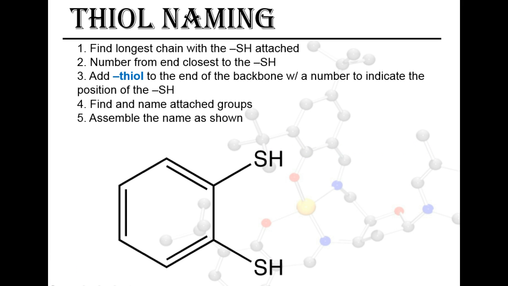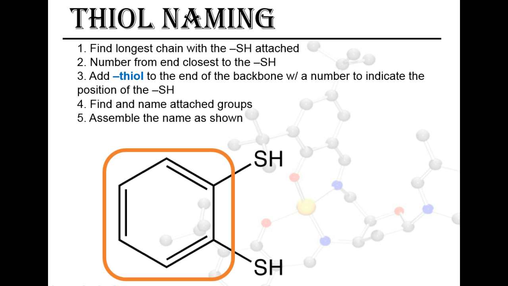Okay, for our final naming example, we have a benzene ring with 2 thiols coming off. A lot of times benzenes with groups attached to them get special names. For whatever reason, thiols don't have any kind of special benzene name, so the parent chain is simply called benzene. Nothing weird to worry about. We're going to number these 2 things.